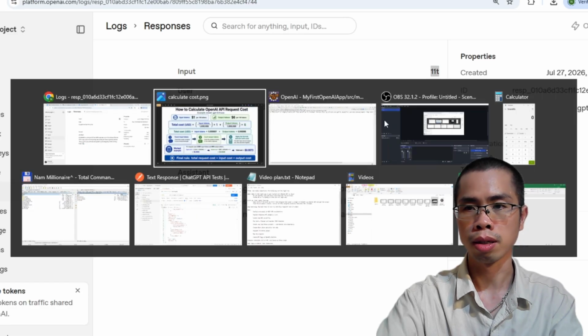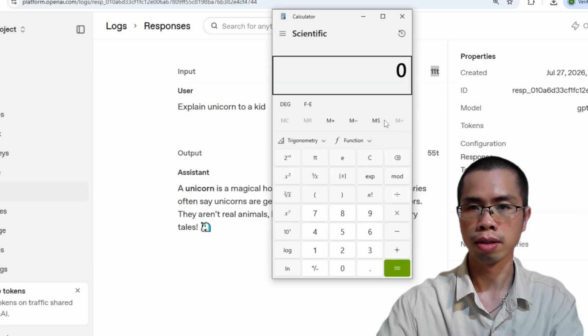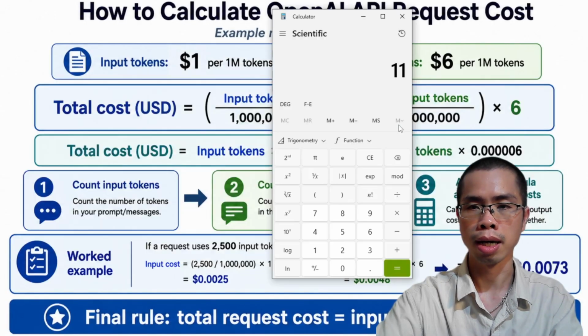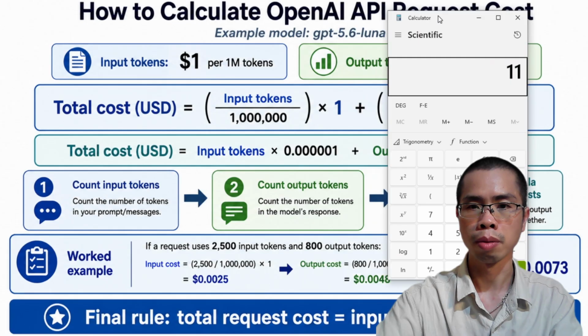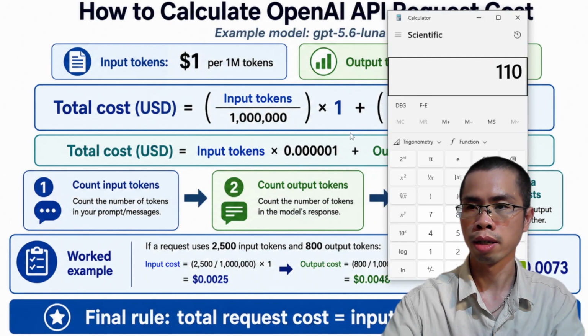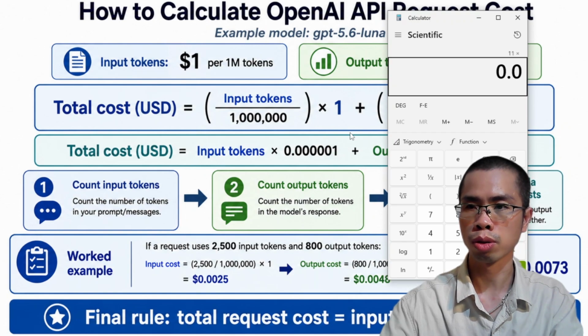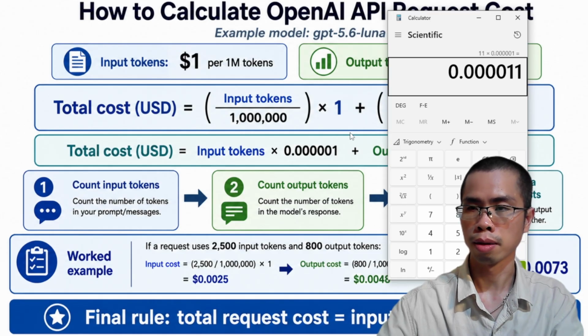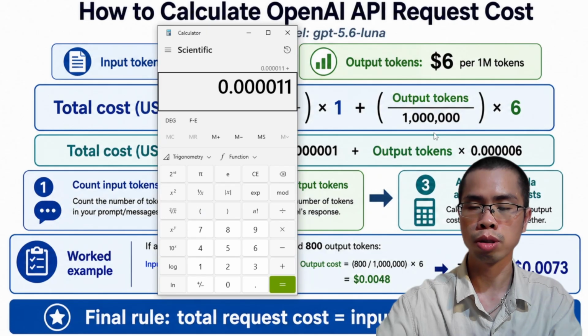Now let me apply the number of tokens here. 11 tokens, multiplied by 0.00001, that is 5 zeros after the decimal point. Okay, and plus the cost for the output tokens.